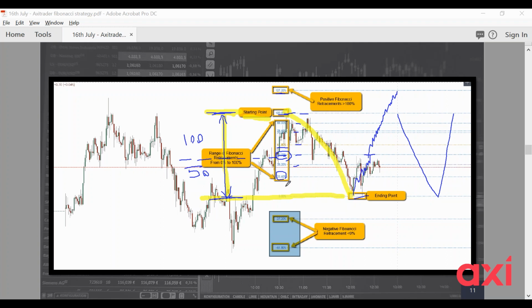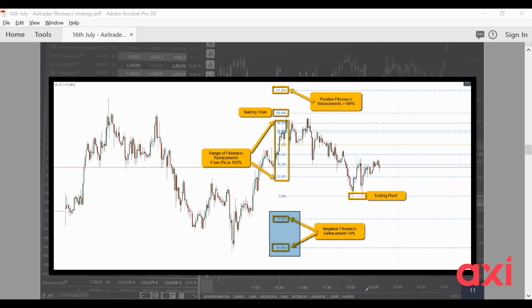That is the concept of Fibonacci retracements that are beyond 100%. What you usually have to look out for is a very clear V structure. You need to look for a very clear V structure for this to be effective. What we cannot use is something like, let me see if I can find an example.